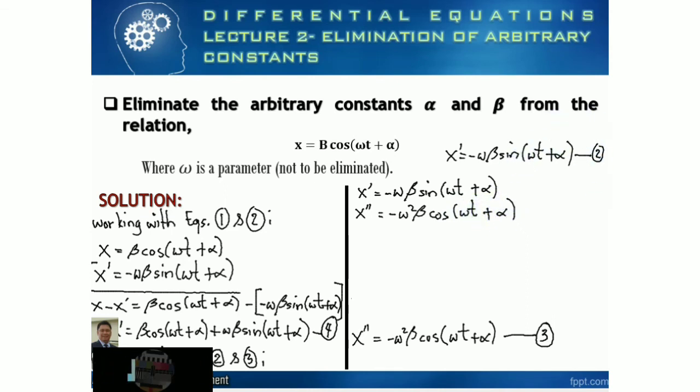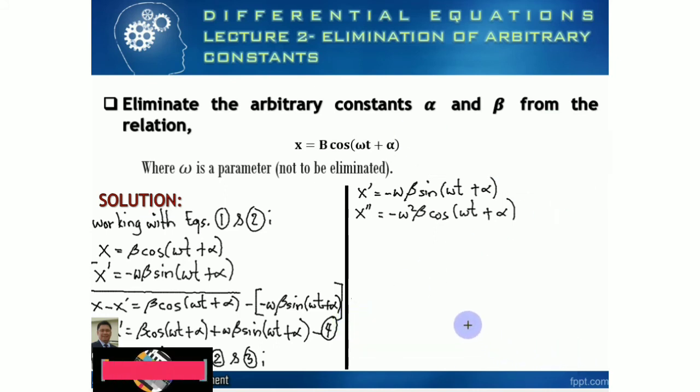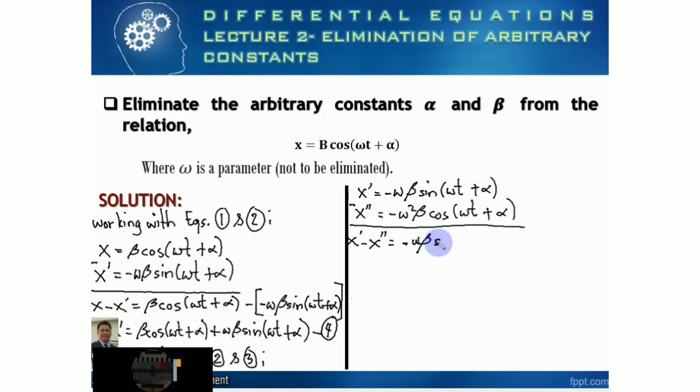Okay, so from here again we will take a difference from these two equations, from 2 and 3. So we have x prime minus x double prime, which is equal to negative omega beta sine of omega t plus alpha, minus the negative.